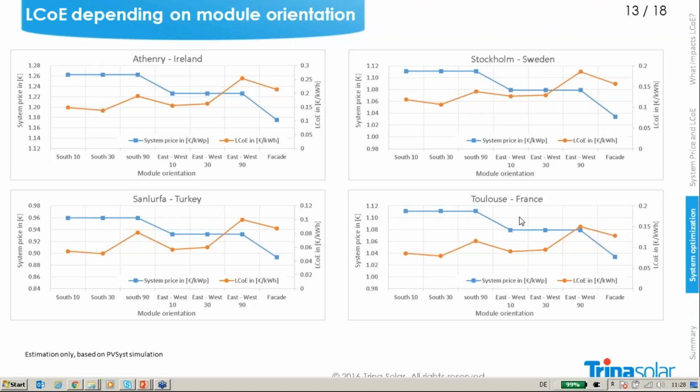For the module prices, it's not very strongly biased by the different locations, so I took an average price for Europe for the modules.